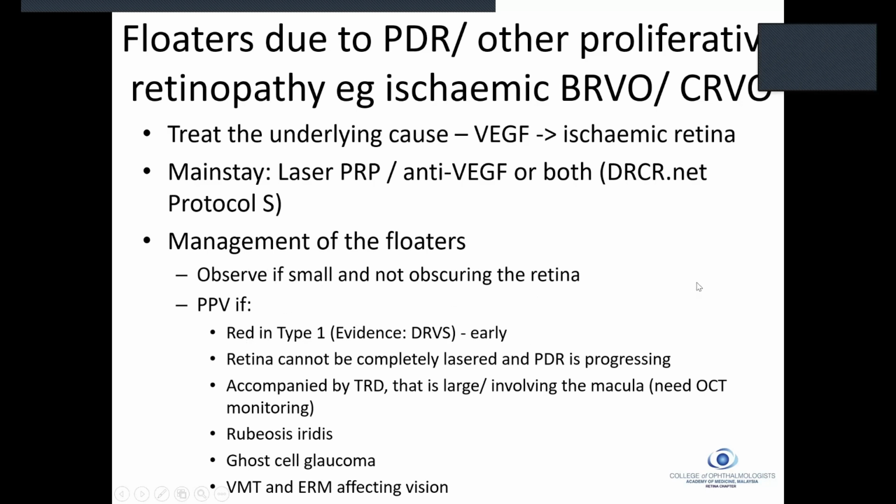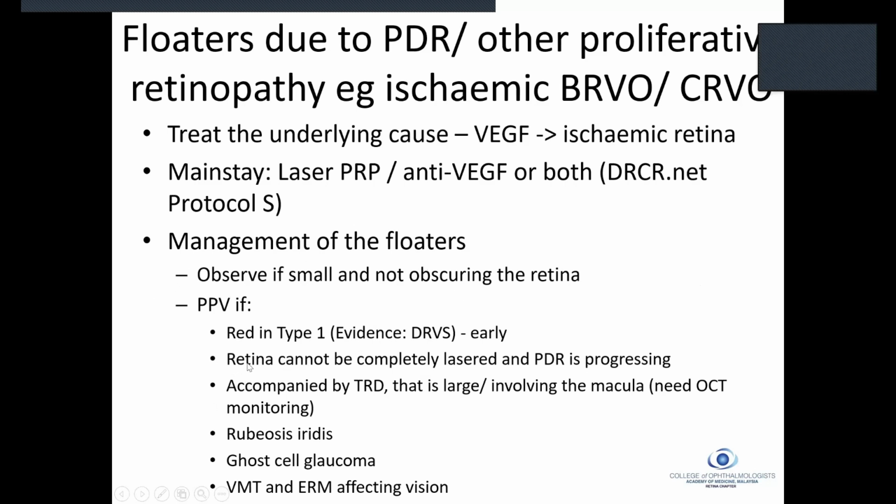Nevertheless, either type 1 or type 2, if the patient has never had any PRP laser before and there is no view to give it, then I think those patients should not be made to wait, because the ongoing ischemia will result in further new vessels and membrane formation.